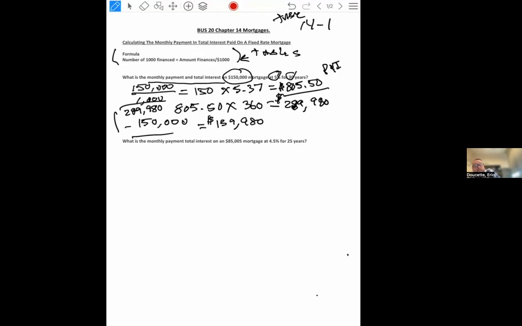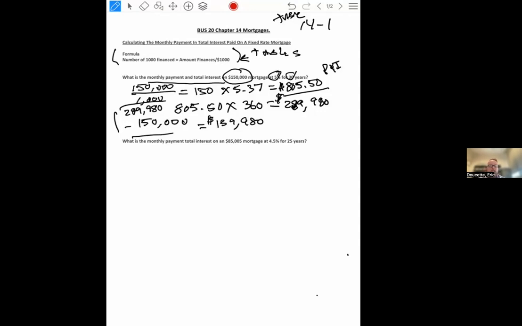That's saying that in the term of that loan, on a $150,000 loan, at 5% interest for the full 30 years, I will actually have paid $139,980 more than the value of the home. That sucks, huh? Like I paid almost double the price because I financed it.